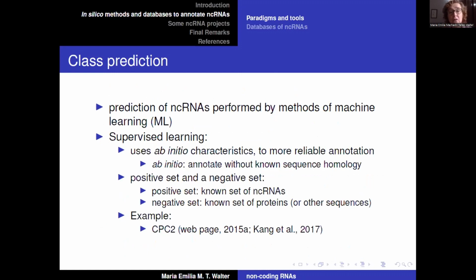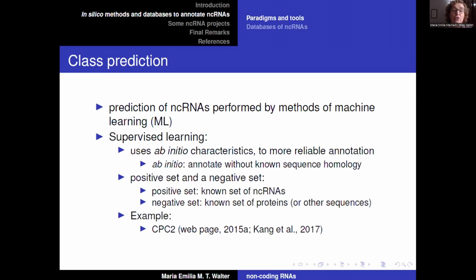The other paradigm is class prediction, which is usually performed with machine learning methods, mainly the supervised learning model. Differently from the homology paradigm, it uses ab initio characteristics, which means you extract characteristics directly from the sequence and don't use the concept of homology.